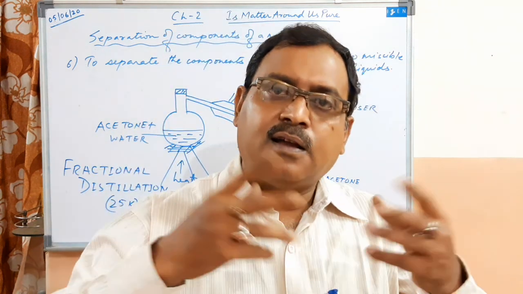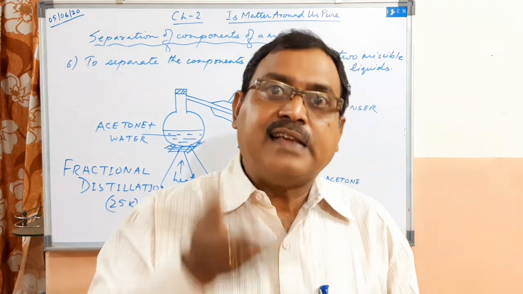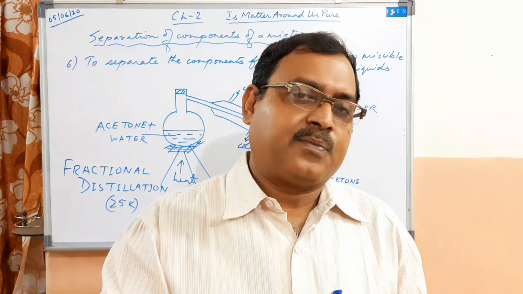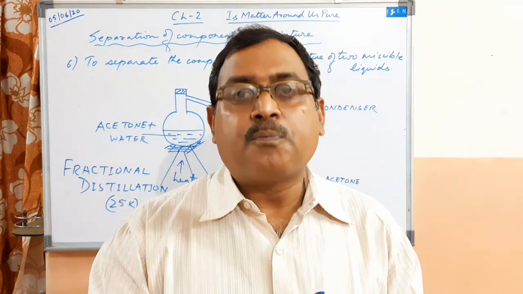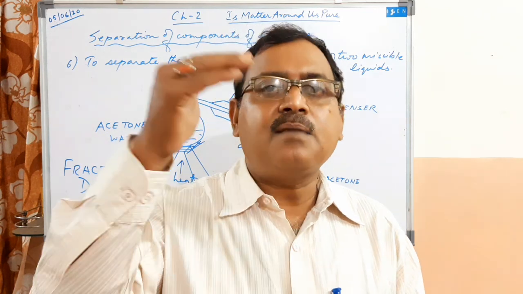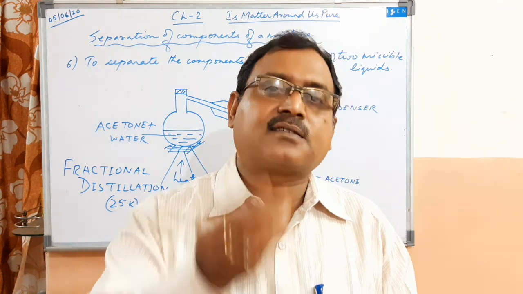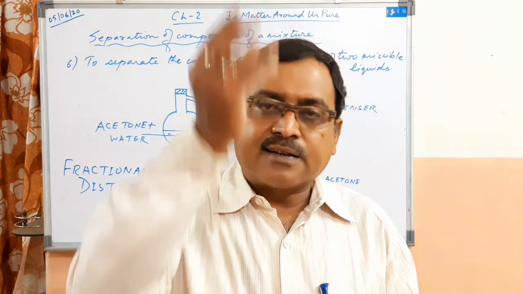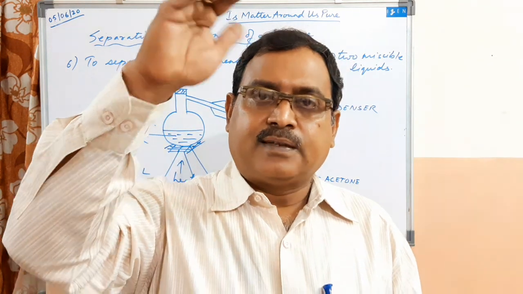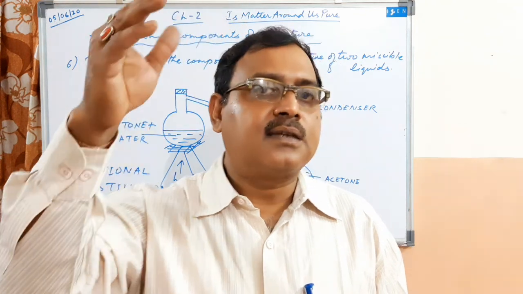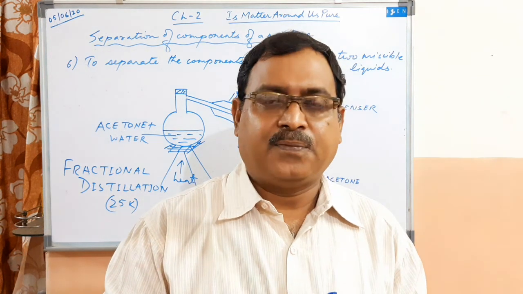When all the liquid has evaporated from that mixture, then the heating is raised to a higher temperature. After that, the second component whose boiling point is slightly more than the boiling point of the first component starts getting evaporated. Again it enters the fractionating column, and this one, at a different level in the fractionating column, gets condensed, and then as a liquid it comes out separately.